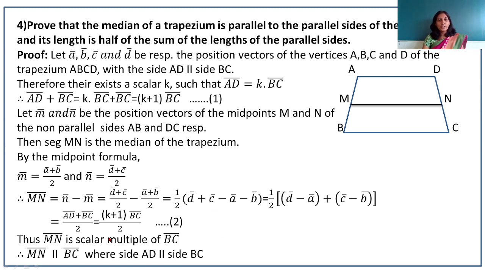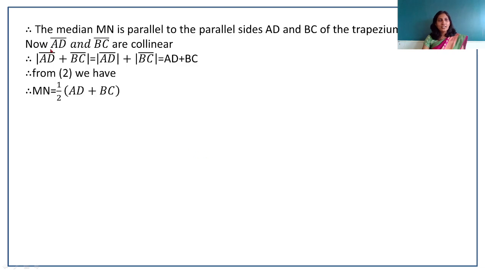Now our second proof. Here we already calculated MN bar is equal to K plus 1 BC bar divided by 2, or MN bar is equal to AD bar plus BC bar divided by 2. So we just have to write the magnitude of AD bar plus BC bar, which is equal to magnitude of AD bar plus magnitude of BC bar.